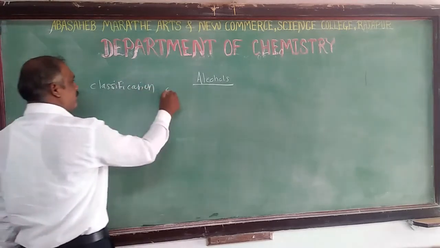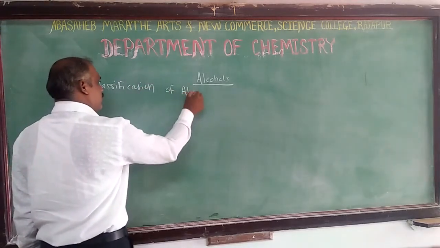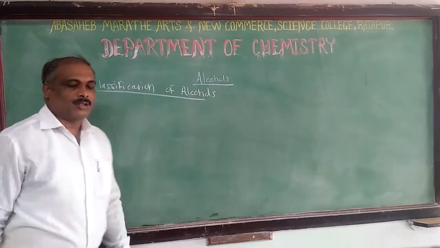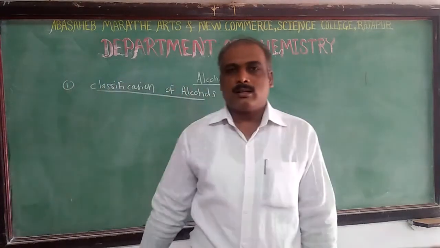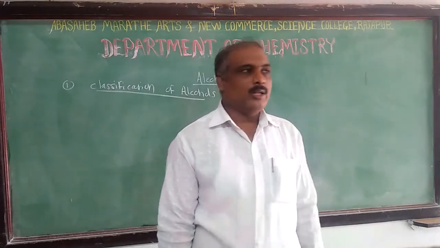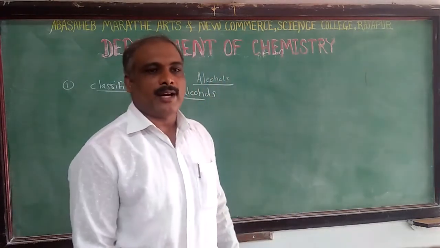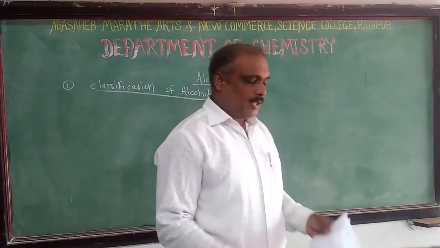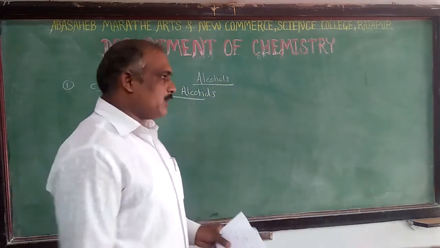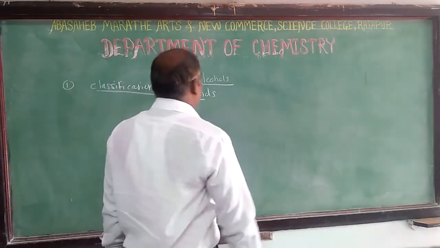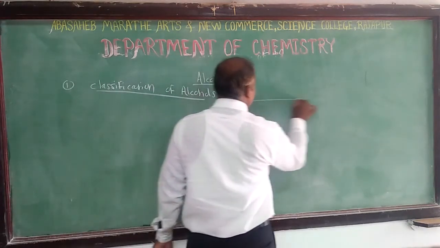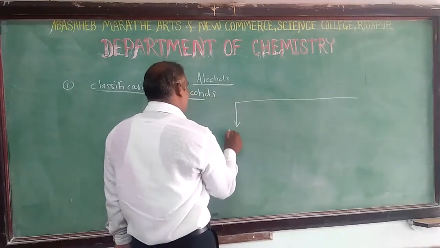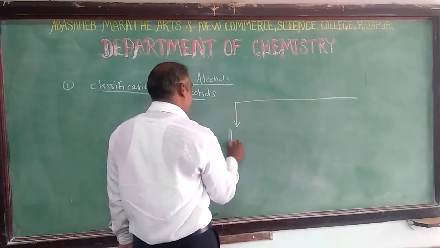Classification of alcohols. Alcohols are classified according to the number of carbon atoms attached to the carbon bearing the OH group, and therefore they are classified into three types. First, primary alcohols.